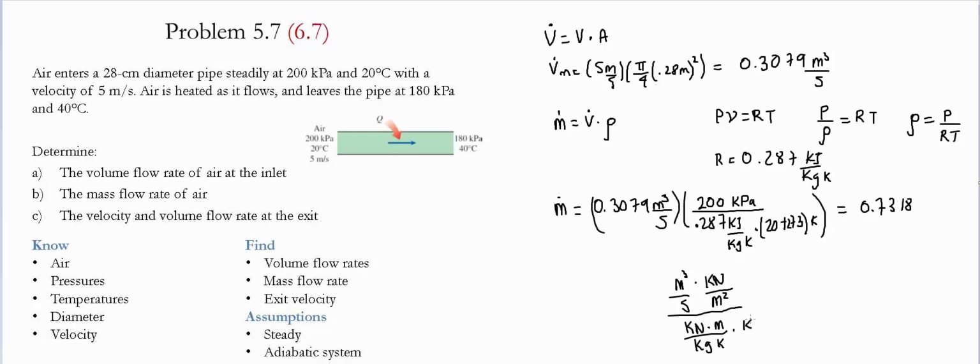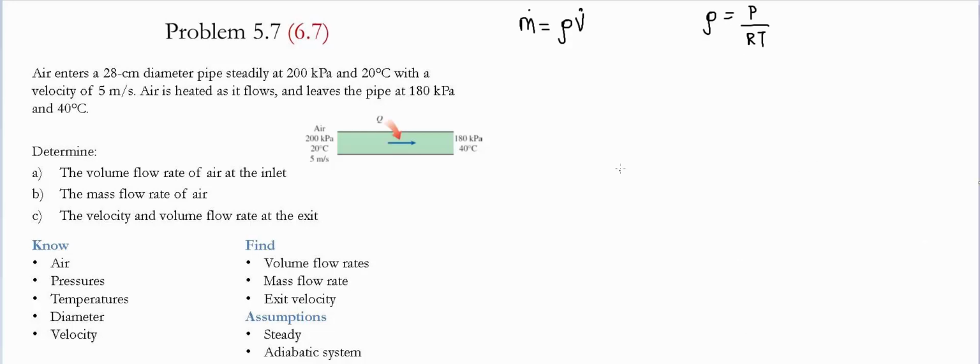Kelvin and Kelvin cancel out, kilonewtons and kilonewtons cancel out, and then meter cubed over meter squared becomes meters, and meters cancel out. So the units that we have left are kilograms per second, which are the units of mass flow rate.